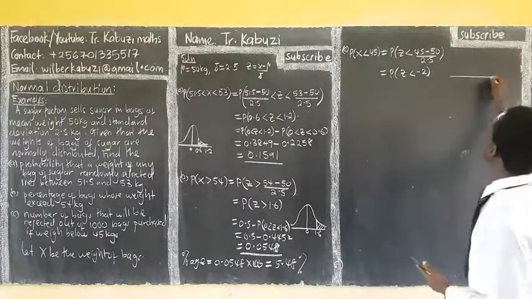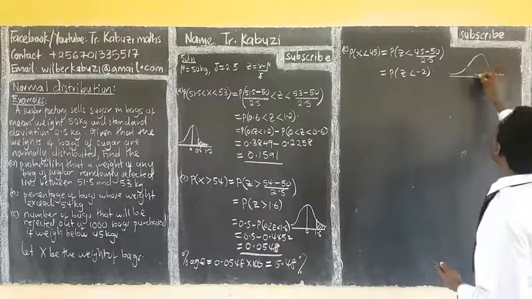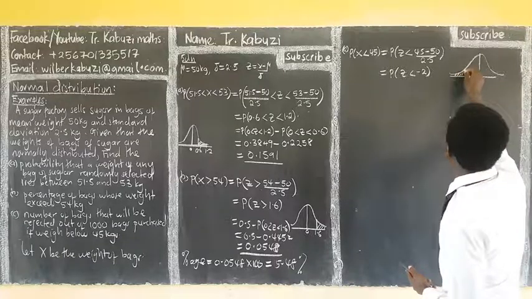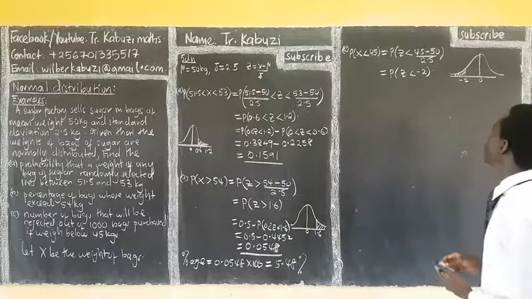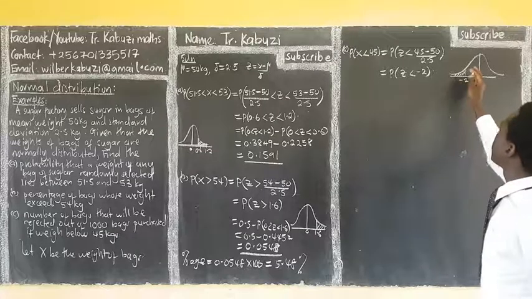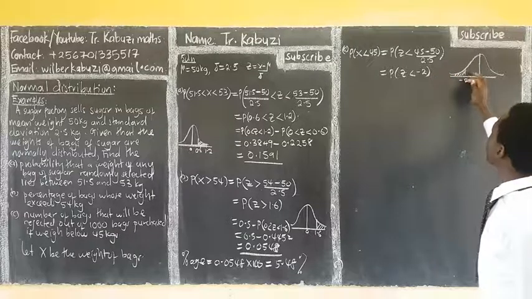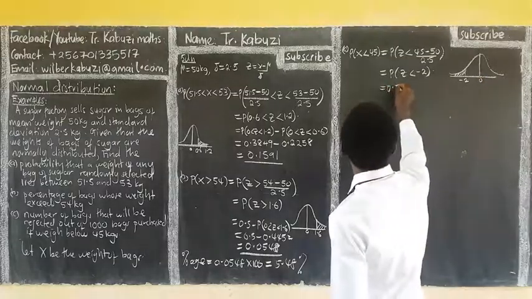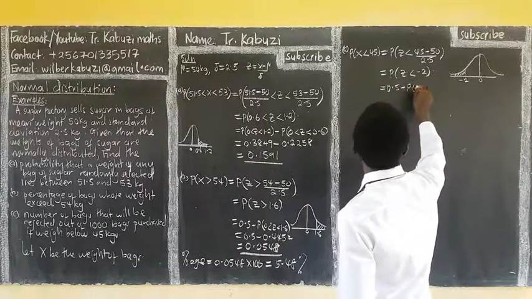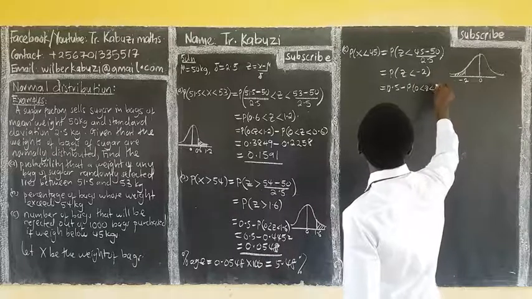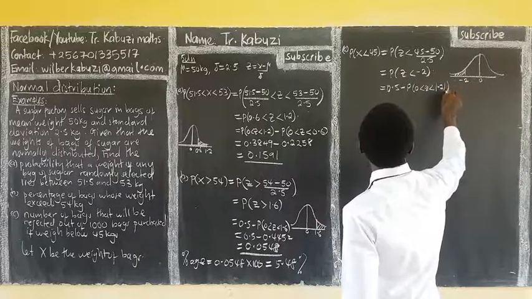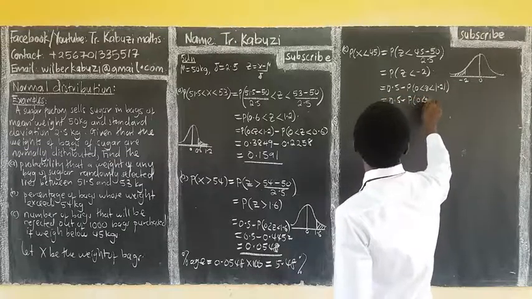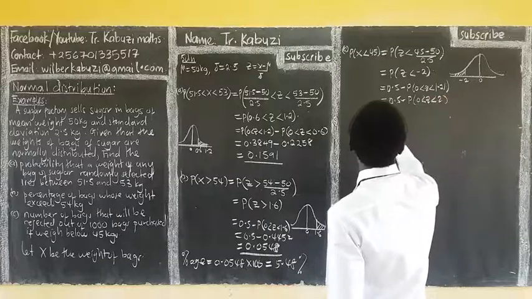How do we sketch that? -2 is to the left side. I can do this without sketching, but I do it so that you also do it. If we are below this, we get 0.5 minus the area between 0 and the magnitude of 2, which we read from the table.